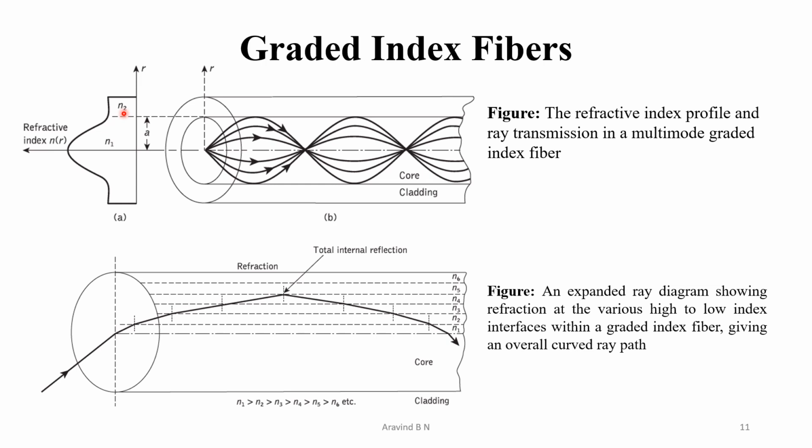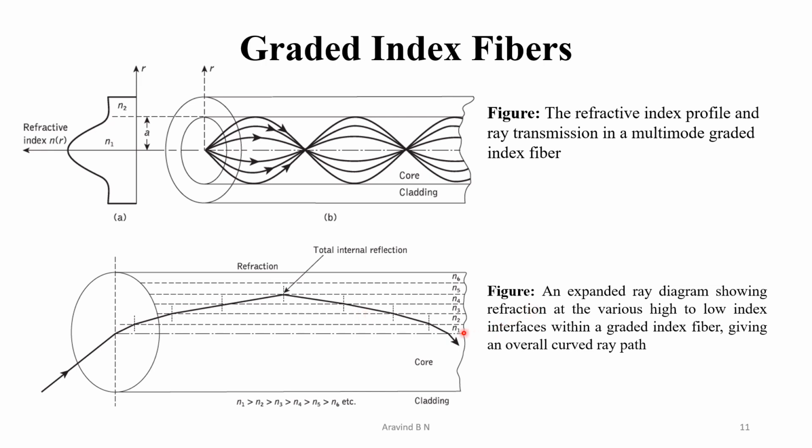Now coming to how exactly it is going to work. Consider this diagram, which indicates only the core region of the optical fiber. Here we can observe that there is no single refractive index present. This line indicates the axis of the optical fiber, and the other dashed lines indicate the regions with varying refractive index within the core.